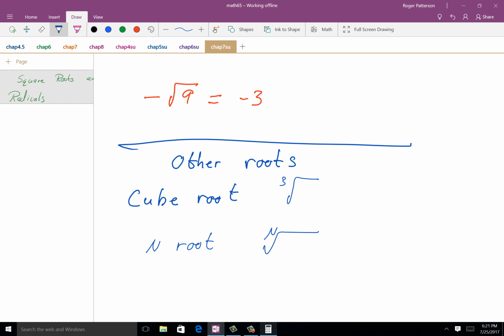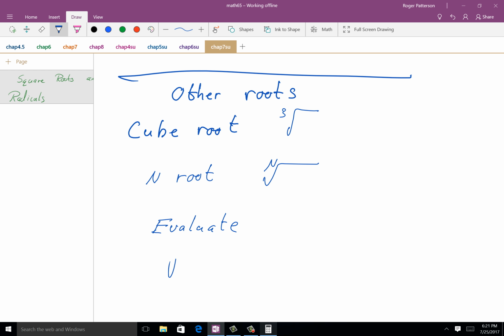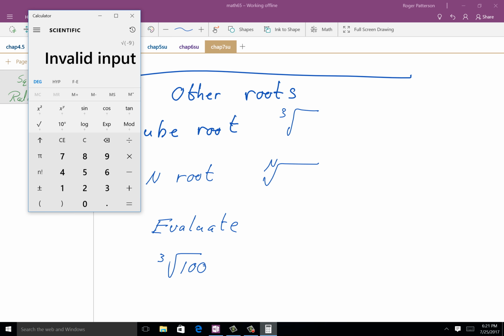All right, so if we want to find some cube roots, so we're still evaluating, right? So if I want to do a cube root of 100, I should have that on here, but perhaps not. Oh, I think if I hit this and this, no. Oh, there it is.